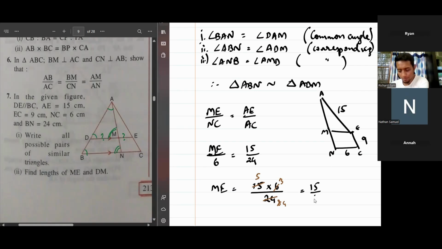So 15 upon 4, which is half of 7.5, 3.75. So you can draw like this the part of the triangle that is required, only the part of the triangle that's required, draw that and find. Now do DM also the same way.